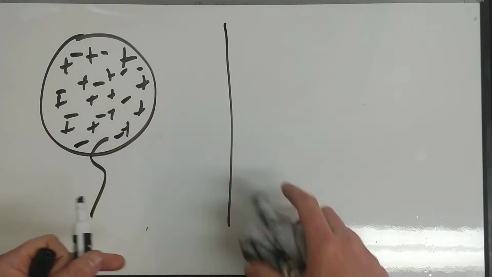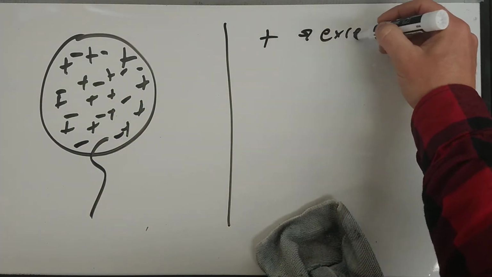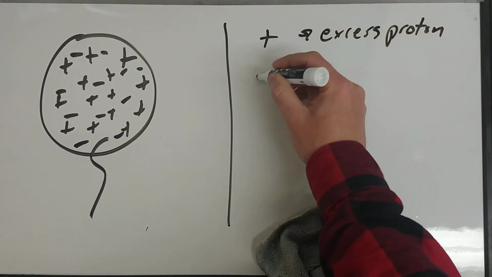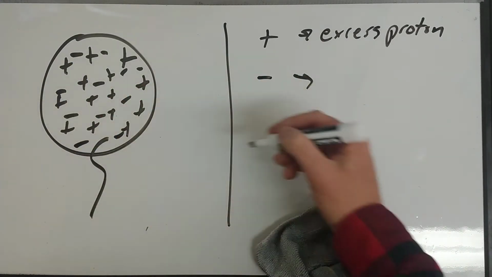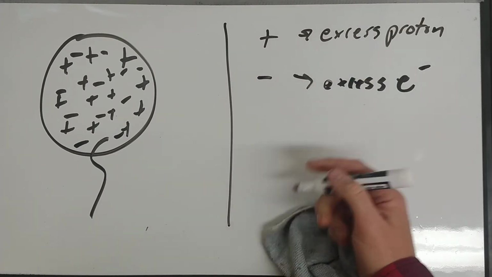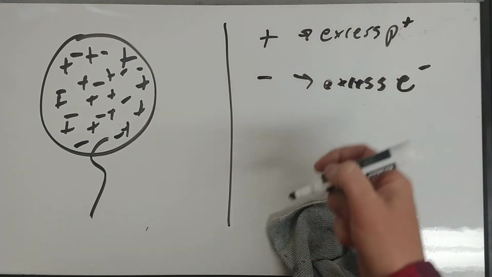A plus sign is an excess proton, right? I'll try to rely on a bit of your chemistry knowledge. A negative sign on one of these is an excess electron, right? P plus sometimes you write it as.